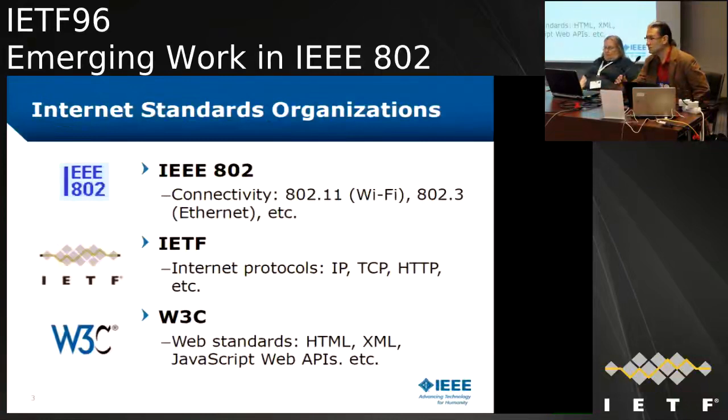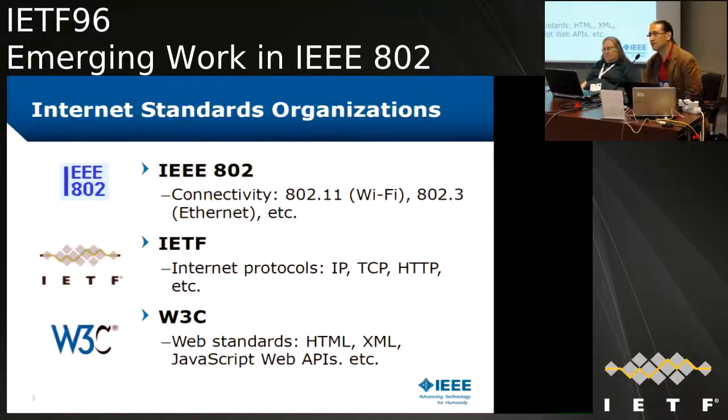So, well, Pat has already started talking about 802, but just a quick reminder for those of you that are not familiar. 802 is the group that is working on the lower layers. So you may be familiar with Wi-Fi, Ethernet, Zigbee, Bluetooth, all those brand names came out of IEEE 802 projects, and they are usually assigned a number, so 11, 3, 15, and so on.